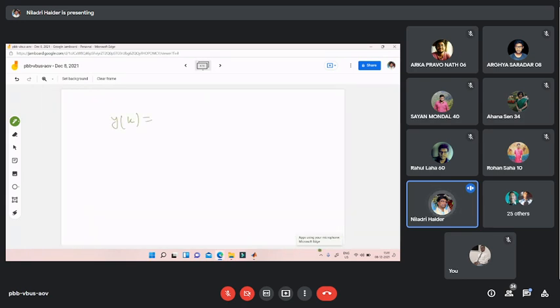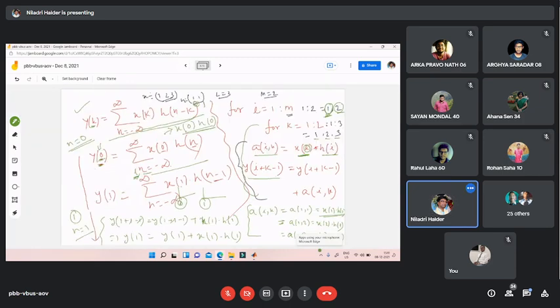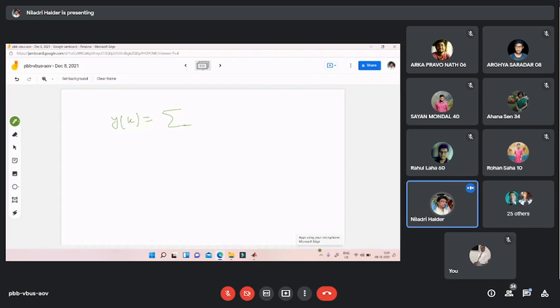Yk, that is what you are getting, as I have written in the code. I am mentioning I, not n. I equal to minus infinity to infinity, x k h I minus k, as in the code.